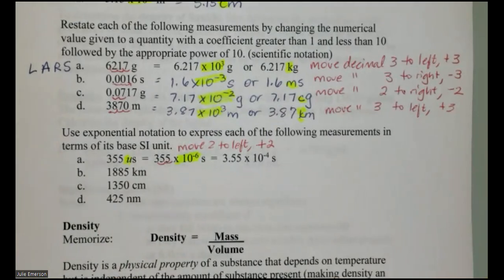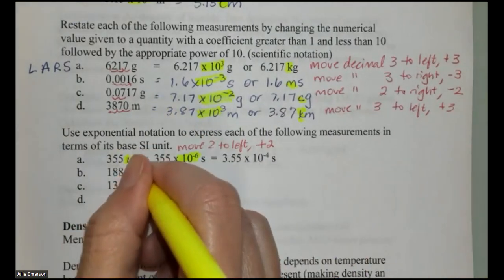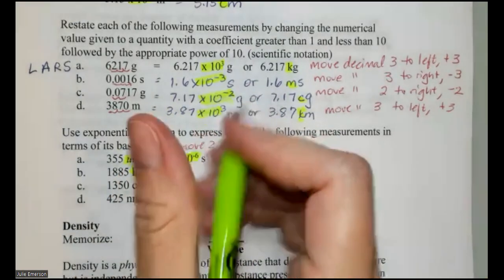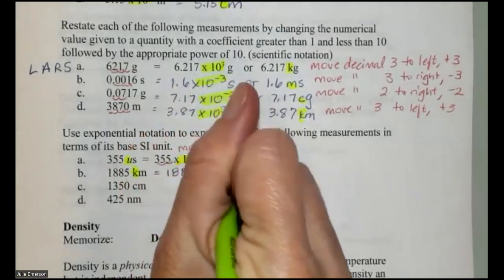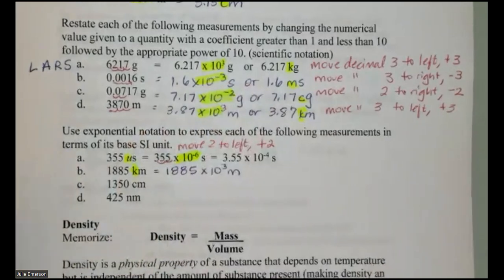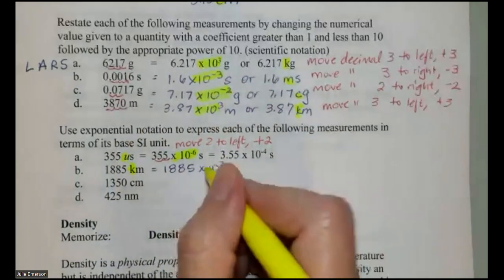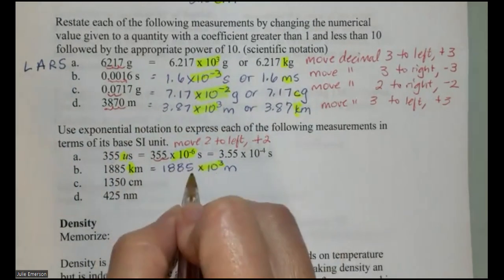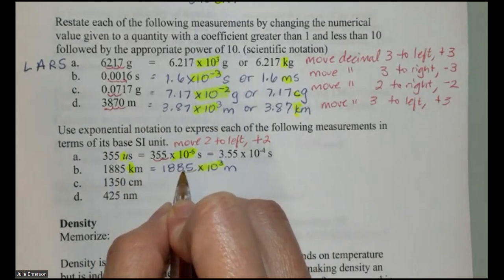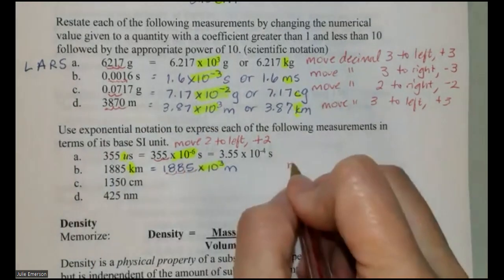For the next one, first thing I need to look at is kilo. So 1885 kilo would be times 10 to the third meters. So that's the first part. It's replacing the kilo with 10 to the third. All right, and then to move it into scientific notation, proper, we're going to move the decimal 1, 2, 3 to the left.